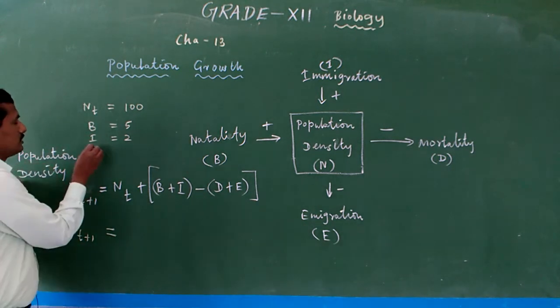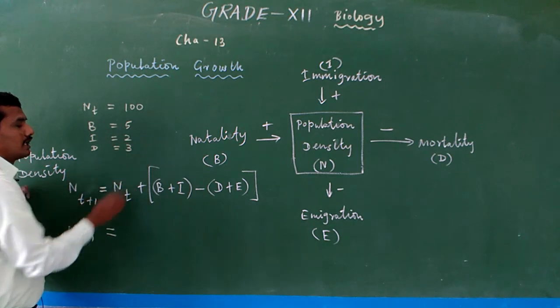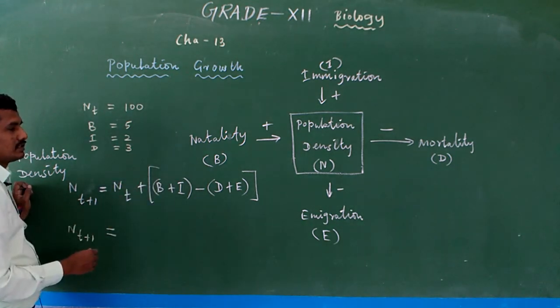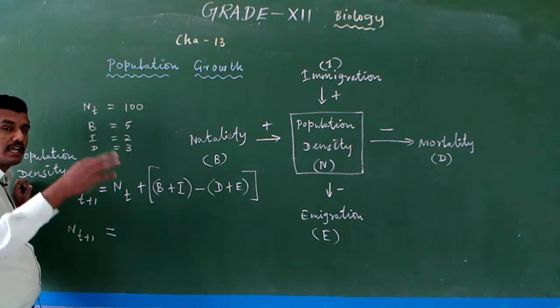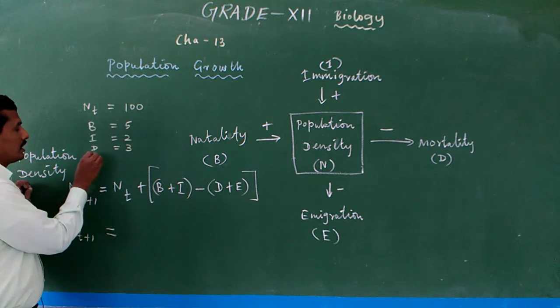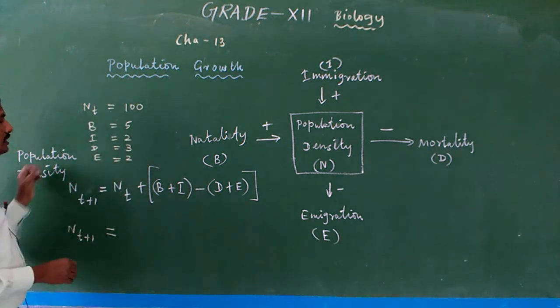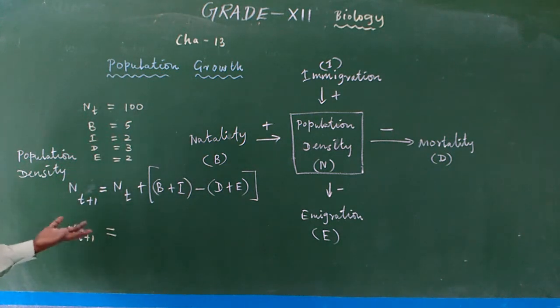And number of deaths, only 3 tigers died during the particular year. And number of emigration, some tigers emigrated from the particular habitat to any other habitat, that is emigration E, actually 2. So with the use of these values, how do we calculate the particular population density?